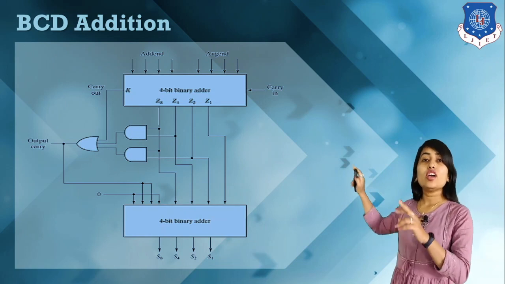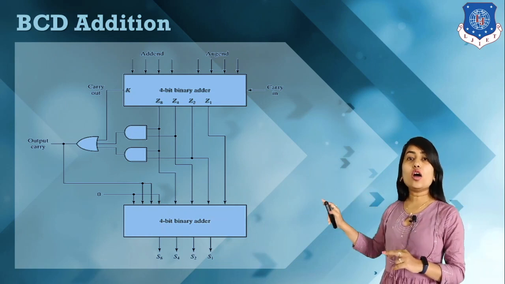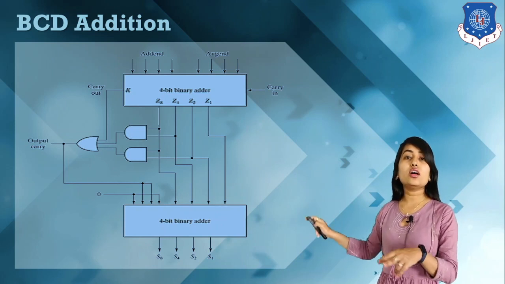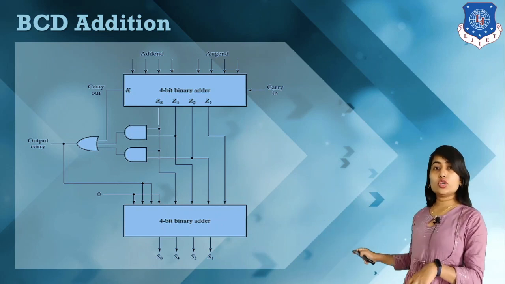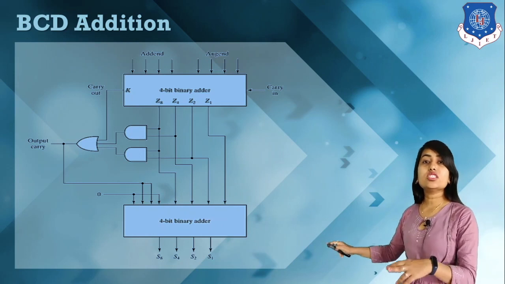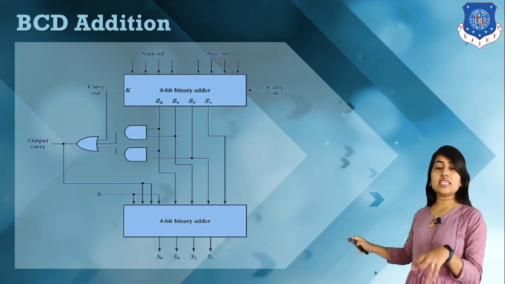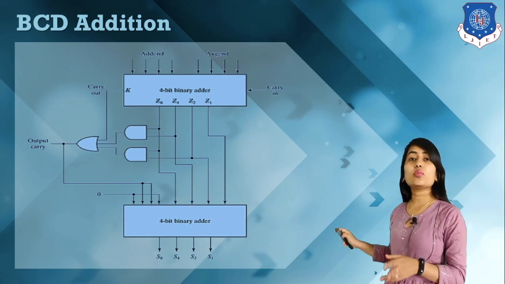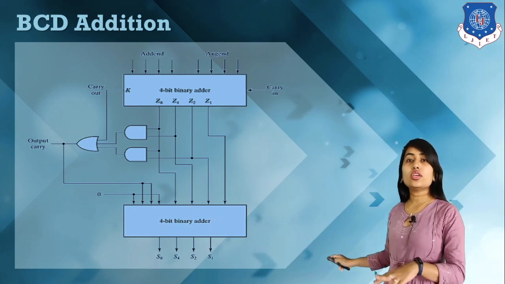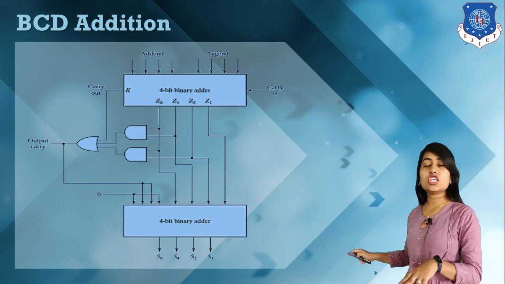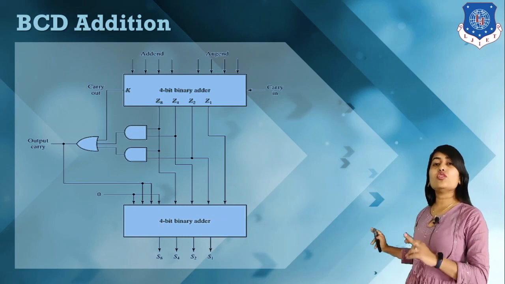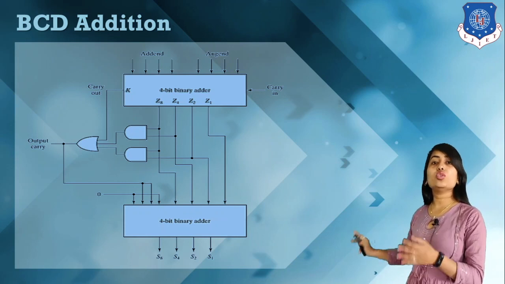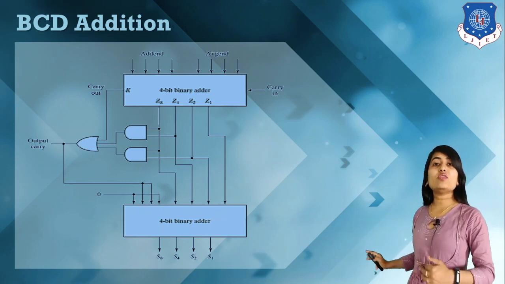If any of the AND gate outputs is equal to 1, the OR logic will output 1, and this is given here as C. Whenever this C is equal to 1, that means we have an invalid code. So here 0110 is added to Z8 Z4 Z2 Z1, so it adds 6 to our binary sum, and we have a valid code.